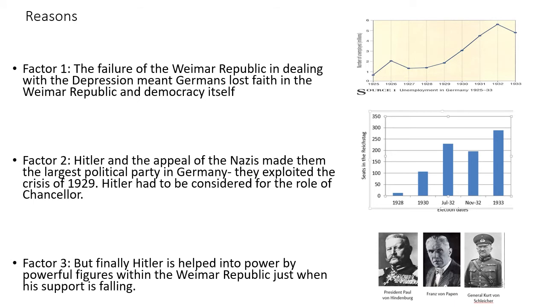So historians have identified three central reasons or factors why Hitler is able to become Chancellor by 1933. The first factor is the failure of the Weimar Republic in dealing with the Depression, which meant that Germans lost faith in the Weimar Republic and indeed democracy itself.